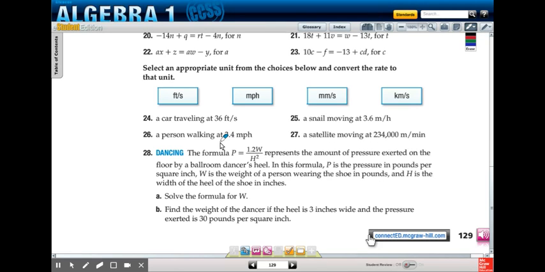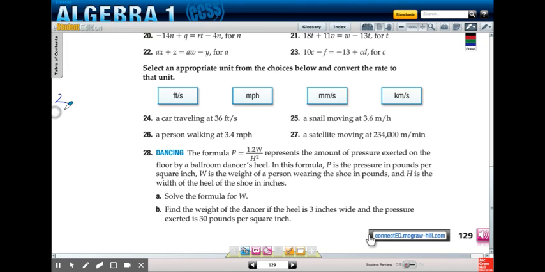I'm going to set one up just to show you how to do this. So like if I did the snail moving at 3.6 meters per hour, and if I wanted to convert that from meters per hour into millimeters per second.